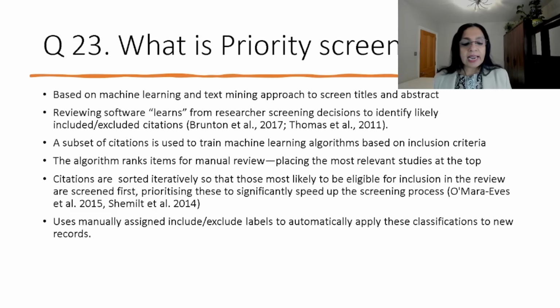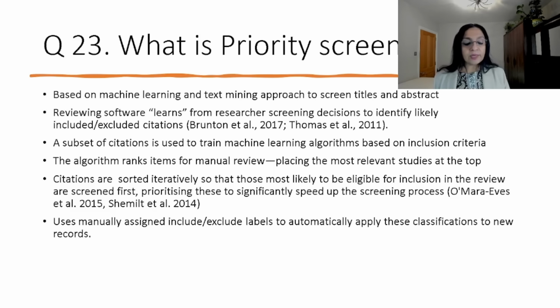The algorithm ranks items for manual review, placing the most relevant studies at the top. So from the set of studies, we will be able to see the most relevant studies at the top of the list, and then screen them manually. Citations are sorted iteratively so that those most likely to be eligible for inclusion in the review are screened first, prioritizing these to significantly speed up the screening process.